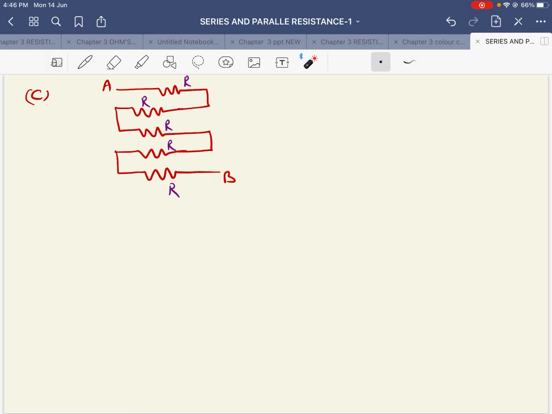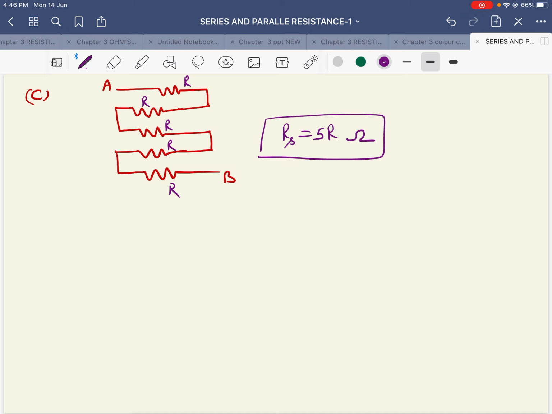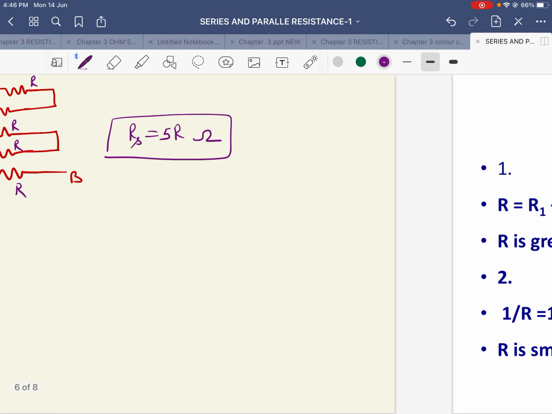Directly we can find the resultant: R plus R plus R plus R plus R, that is 1, 2, 3, 4 and 5. Then the resultant R series will be equal to 5R ohm. This will be the answer of this question, because the resistors are connected in series.